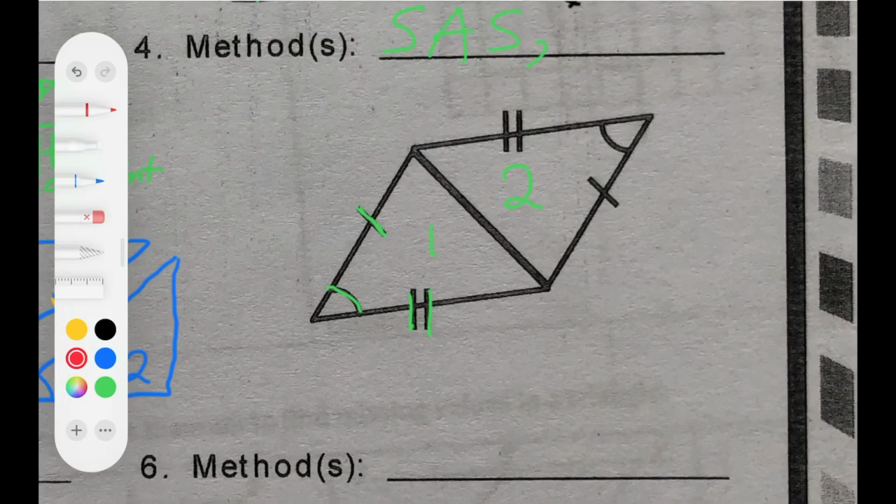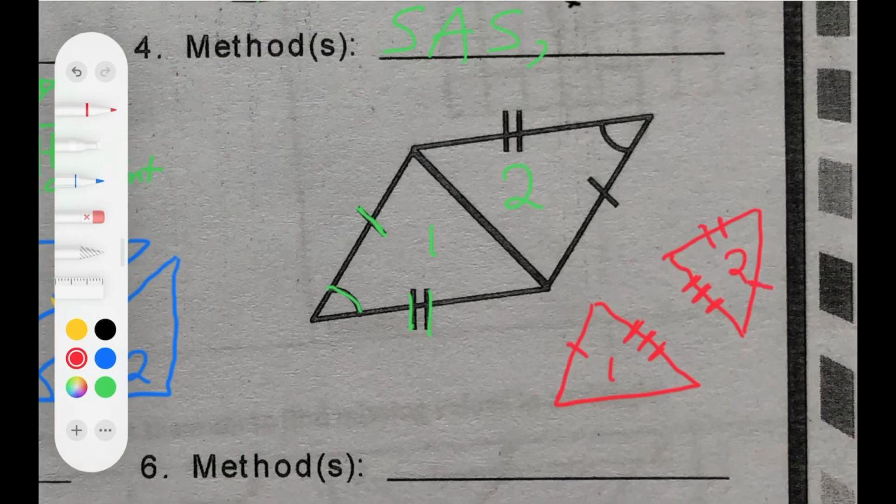Second one, I want to separate our two triangles, knowing that these two sides have to be congruent because they are the same line in their original figure. This side and this side is congruent. This side and this side is congruent. So hopefully you can see it. Another way to show that these are congruent triangles is side, side, side.